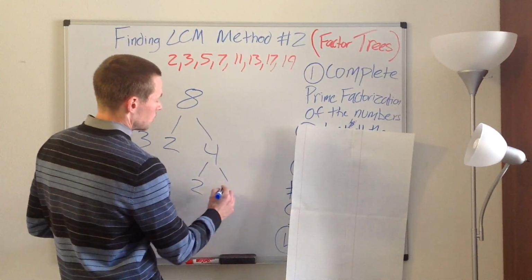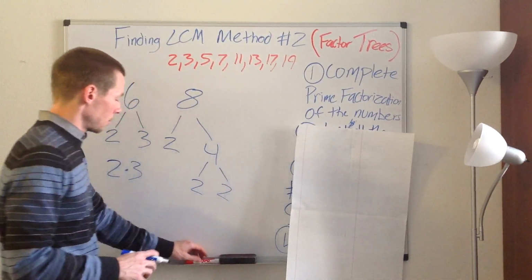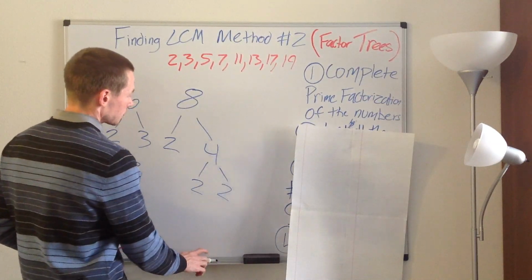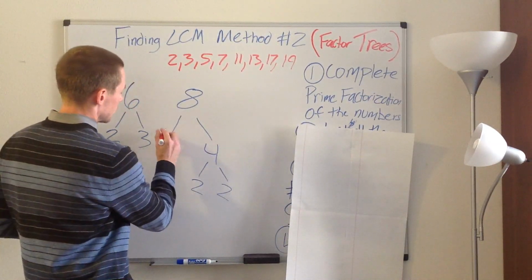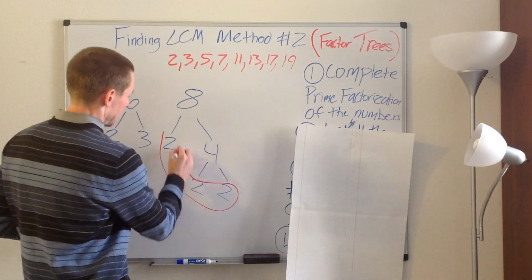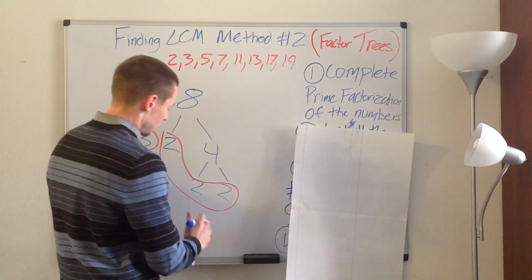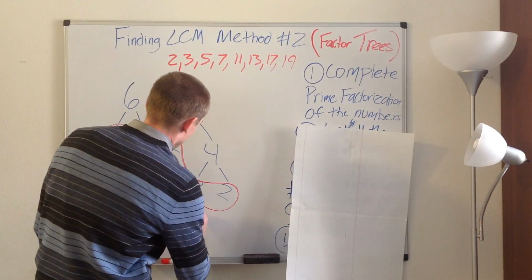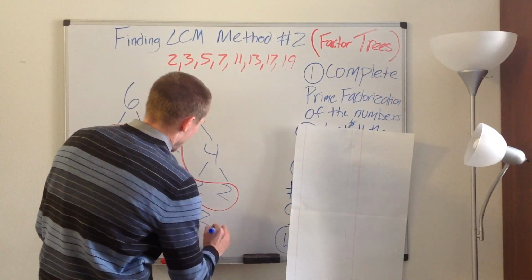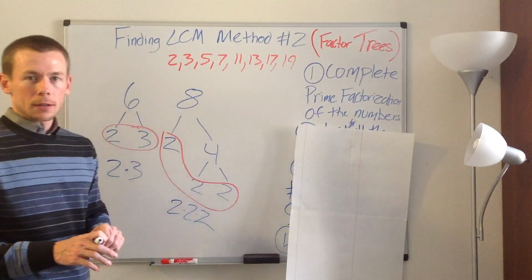So 2 goes in twice to 4, so the prime factorization of 8 is 2 times 2 times 2. Okay, so that's step 1.